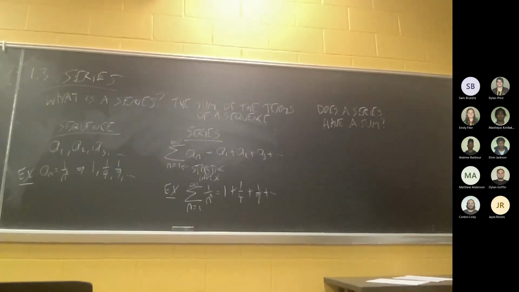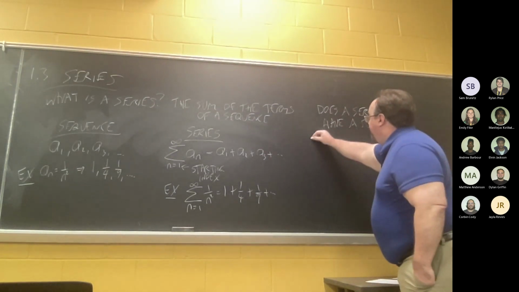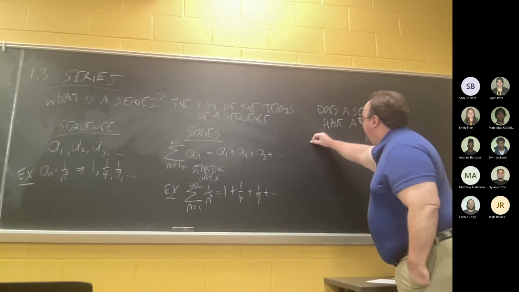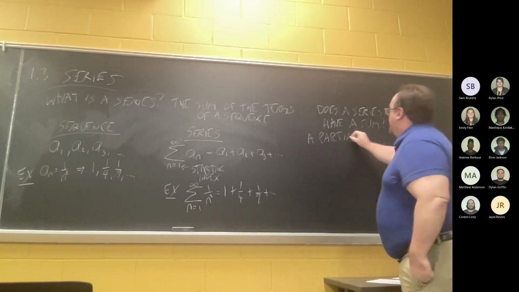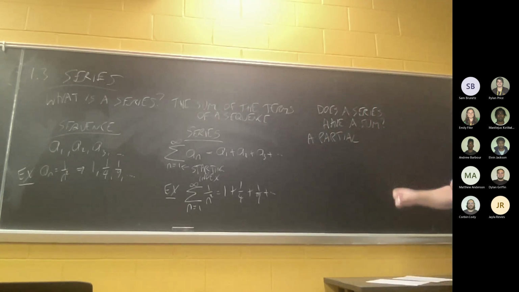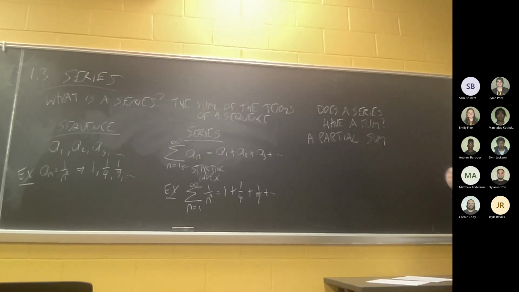Now, to try to answer that question, I need to define a term called a partial sum. Because it's kind of strange to add infinitely many numbers. But we all know what it means to add a finite collection of numbers. So we're going to use that as our starting point.